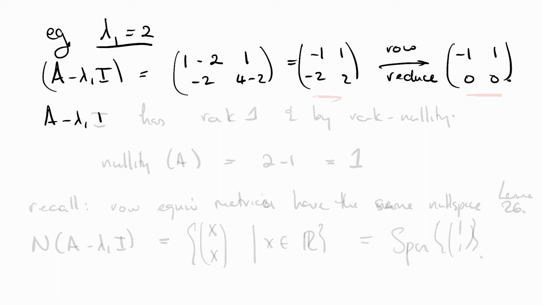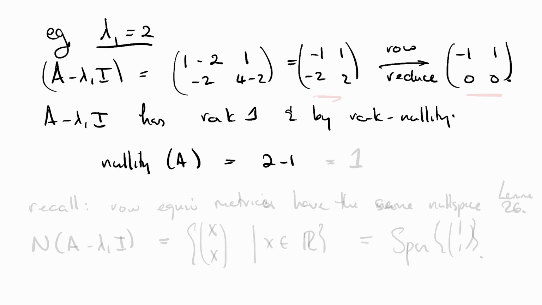A minus lambda_1 I therefore has rank 1, and by the rank nullity theorem, the nullity is going to be 2 minus the rank, which is also 1, which means the null space of A minus lambda_1 I is going to have one vector that spans it.